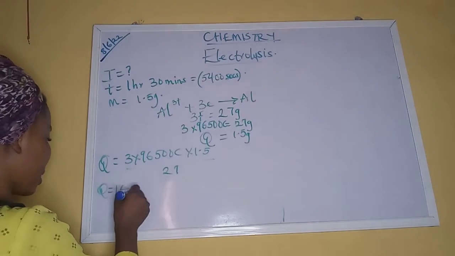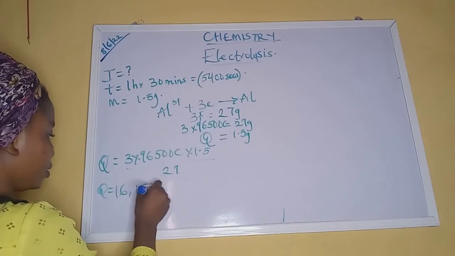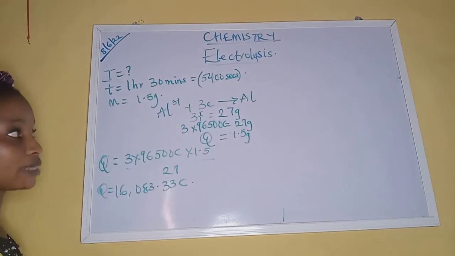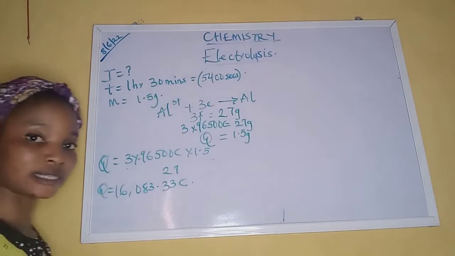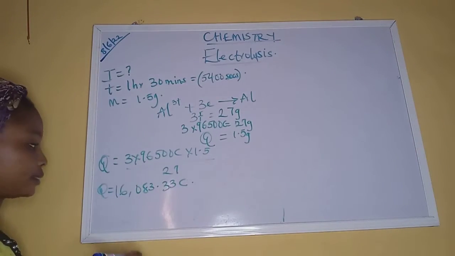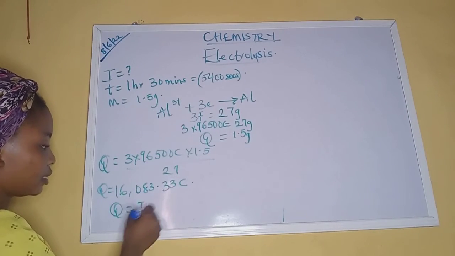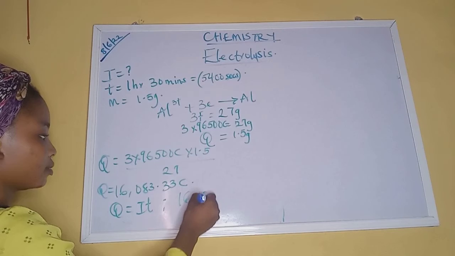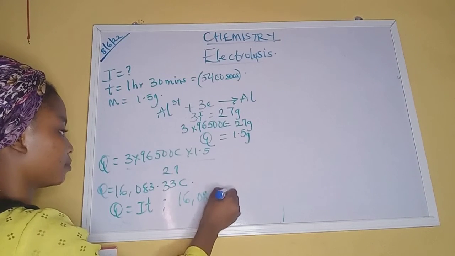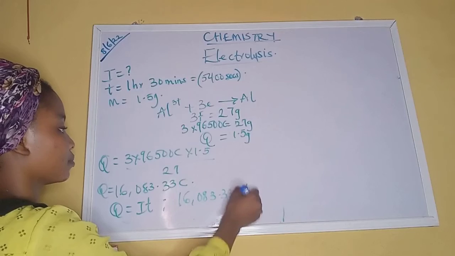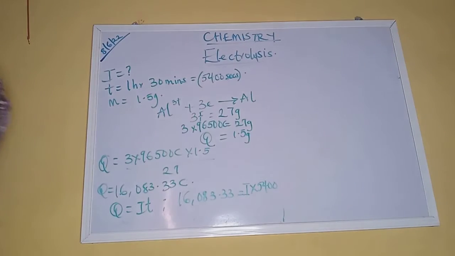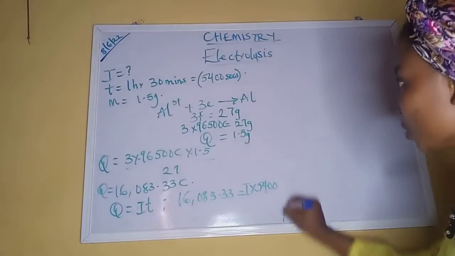Therefore, we have 16,083.33 coulombs. But that's not the final. The question still insists that we look out for the current. Our Q is still IT. Therefore, if we have to divide this equation, we have to make I the subject of the formula.